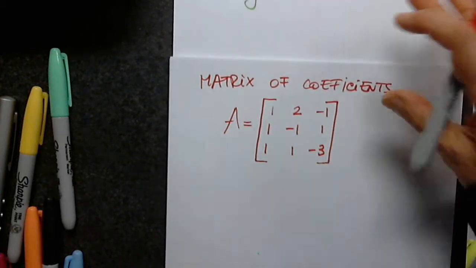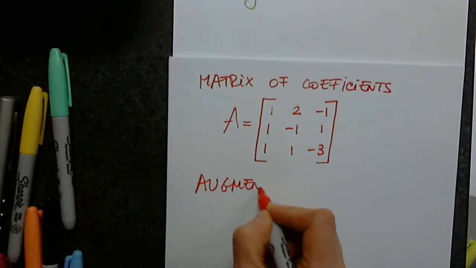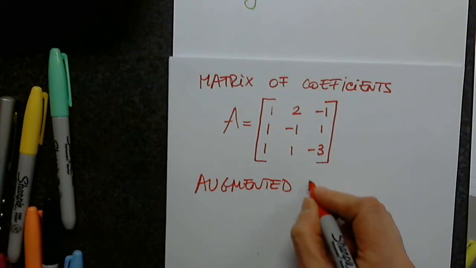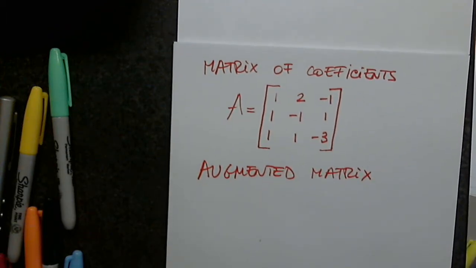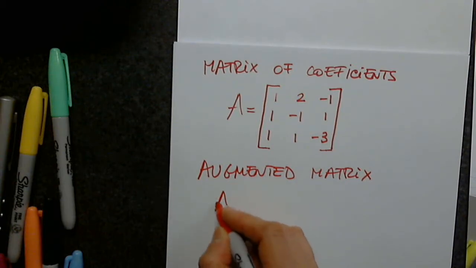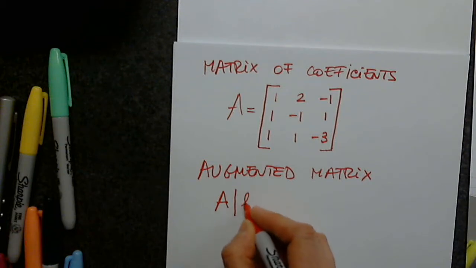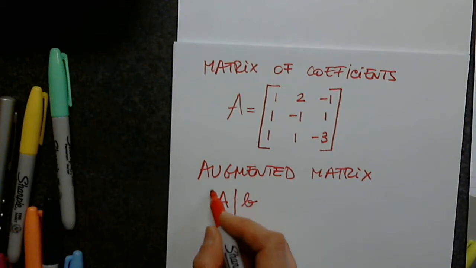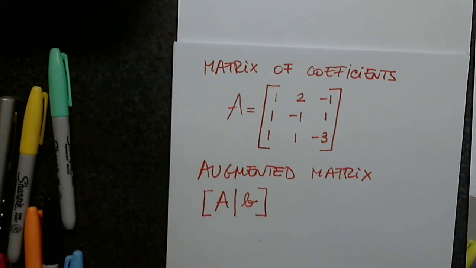Next, the augmented matrix. It looks like this. A vertical bar, and lowercase b, with brackets around it.